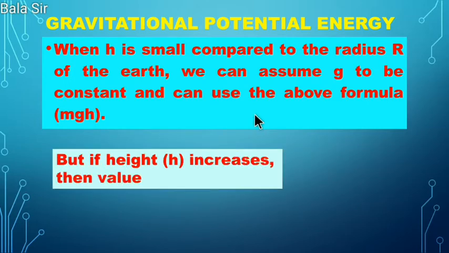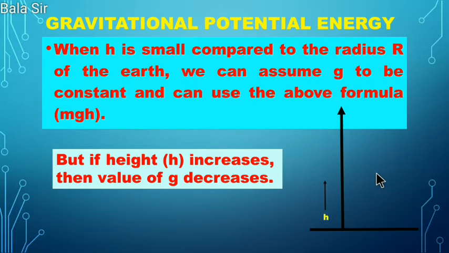But what if the height increases? As I said, as we go above and above, higher and higher, the value of g decreases. So here if the height increases, then the value of g decreases.